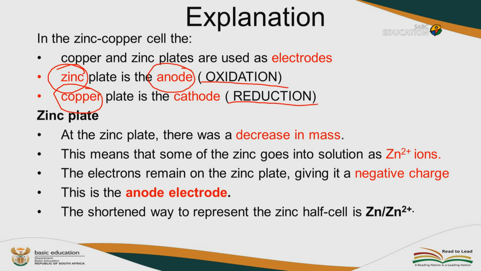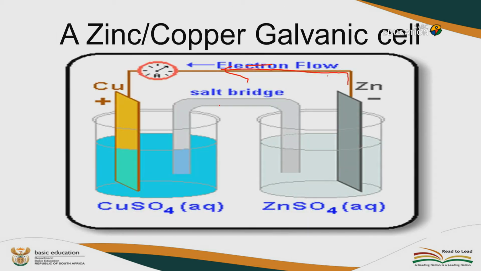And because copper is the electrode where reduction will occur, we refer to copper as the cathode in that specific half reaction. So here, copper is our cathode and zinc is our anode.